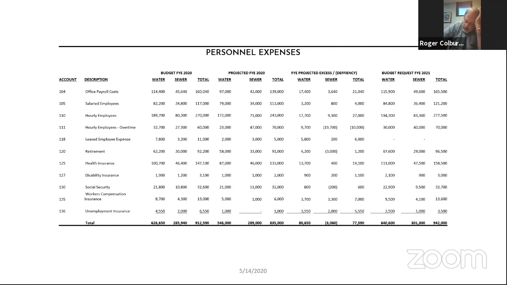One of the things that's kind of hard to control at times is overtime. This year we've struggled probably less, but I can tell you the budget year last year, we tried to really lower the overtime component. And I think you can see in this budget, we overran it about 10,000.